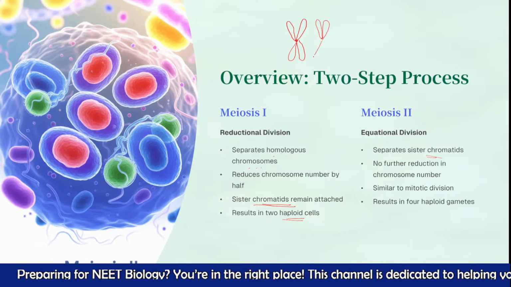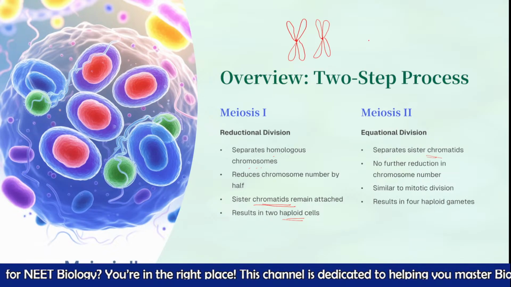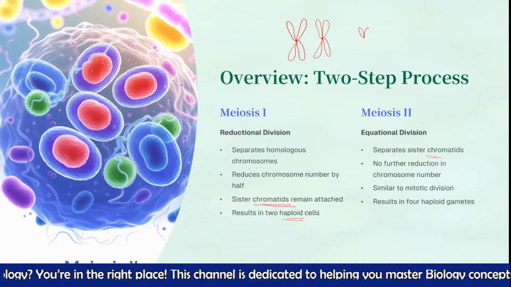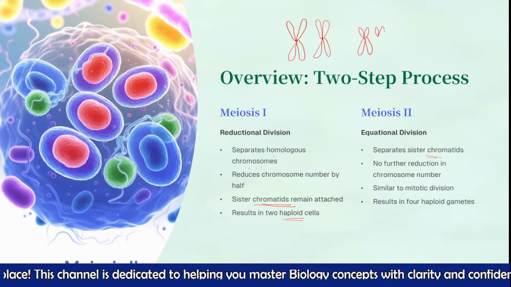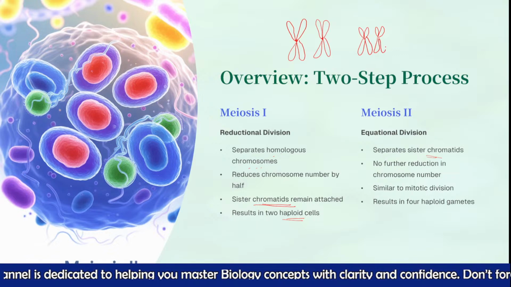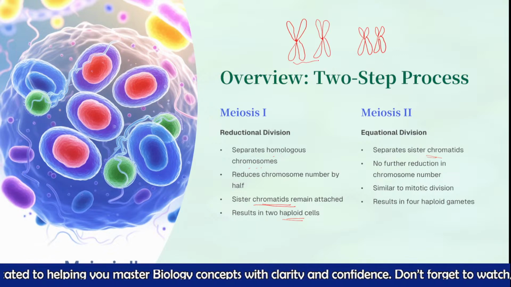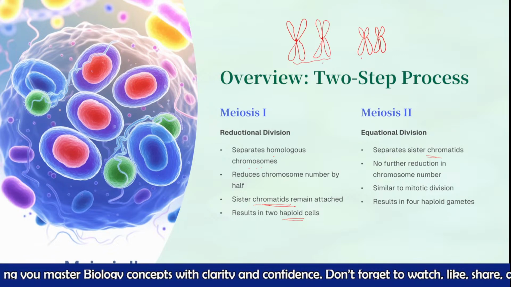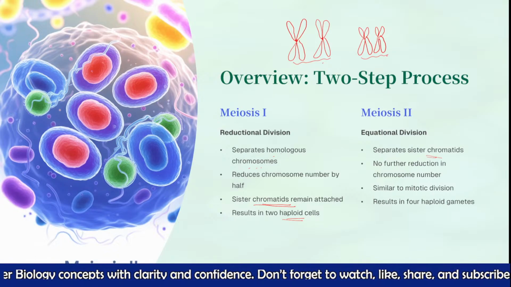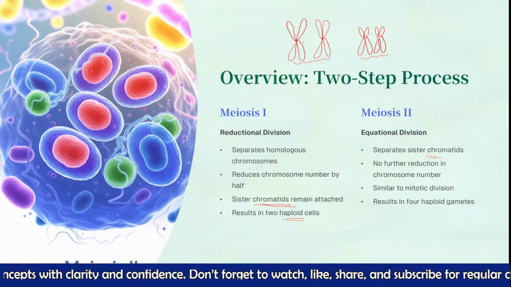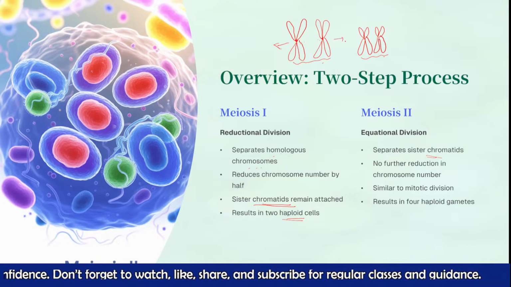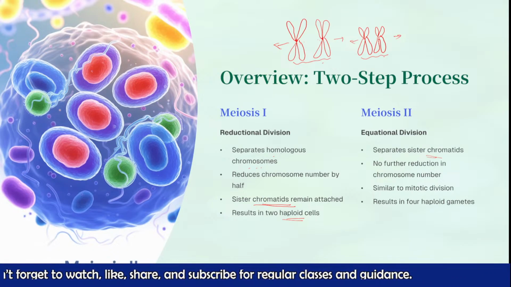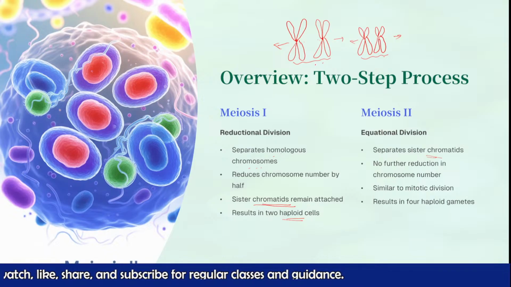Now the homologous chromosomes have the same structure and carry the same kind of genes. Suppose this is one set of homologous chromosomes, then we can see another set of homologous chromosomes like this. When you check the morphology of these chromosomes, it is almost the same. This is another set of homologous chromosomes. These chromosomes are in pairs, and these pairs will separate during meiosis 1. That's the first point.